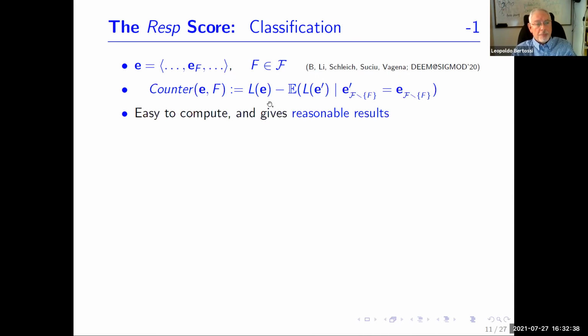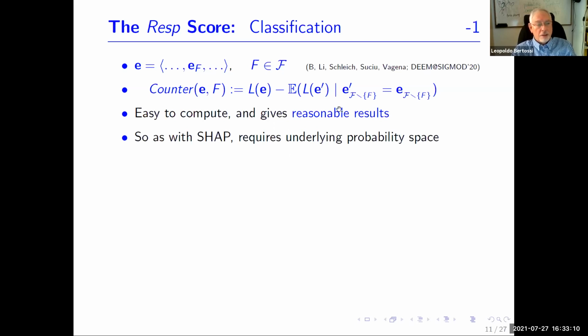We are considering the label of the entity minus the expected value of the labels for entities that coincide in all the features but F, the one at hand, the one for which we want to obtain a score. It is very easy to compute and gives reasonable results. Actually, it is very close to the results of more sophisticated scores.